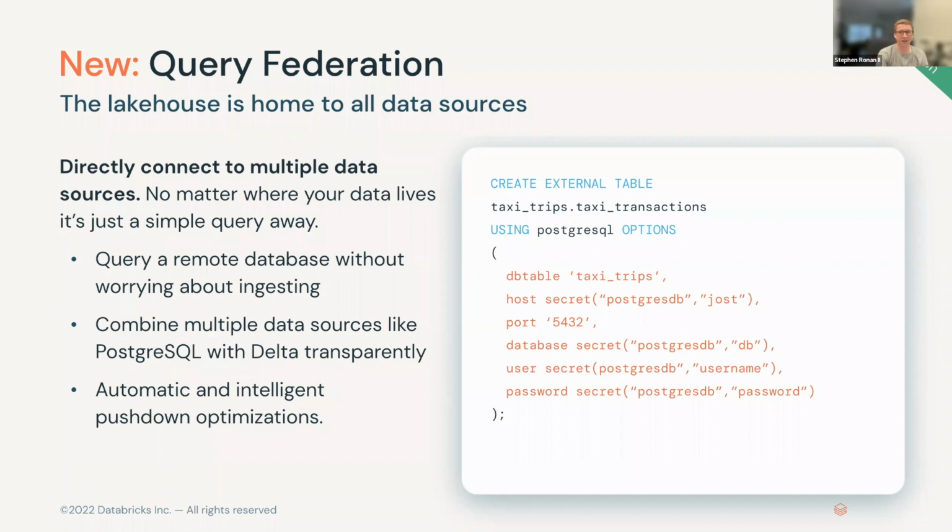You can use Databricks SQL to actually query data that lives in other databases, and then seamlessly join that data to data that lives in your lakehouse on Delta Lake. So we think this would be great. Really breaks down walls between all of your different data warehouses and different tools. So keep an eye on this. It's coming in the future.